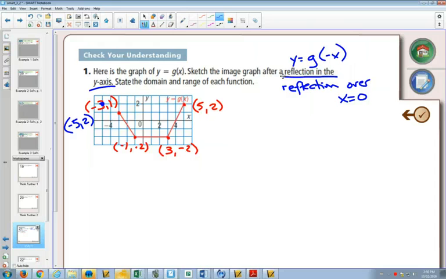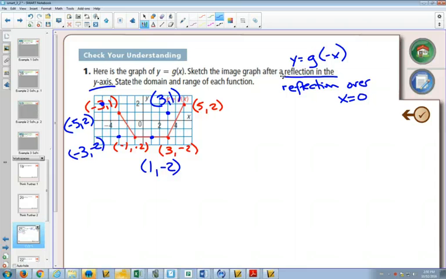(3, -2) is now going to be at (-3, -2). (-1, -2), if the x value is going to get flipped, is going to be at (1, -2). And the point (-3, 1) is now going to be at (3, 1).